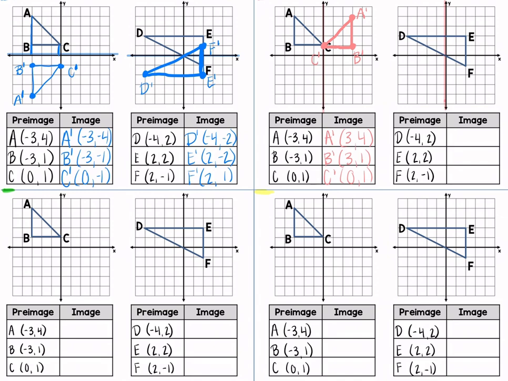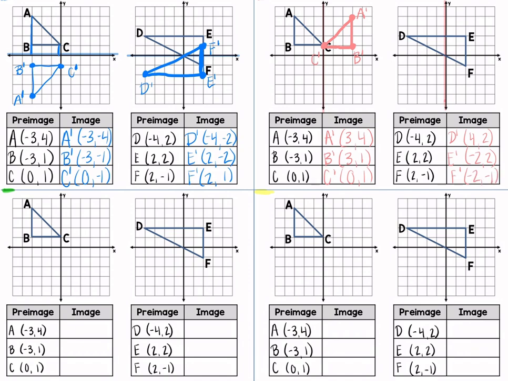Okay, so DEF, so we have D prime. So (-4, 2) would become (4, 2). E is (2, 2), so E prime would be (-2, 2). F is (2, -1), so F prime is going to be (-2, -1).